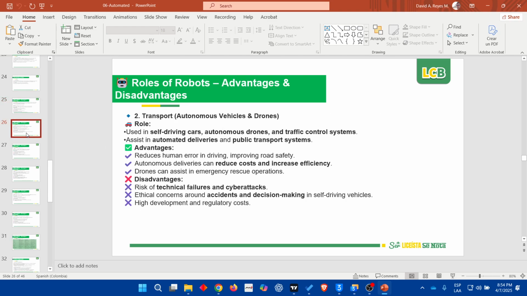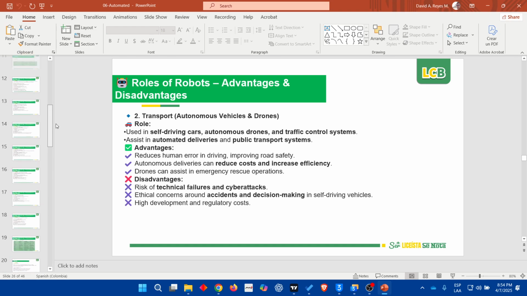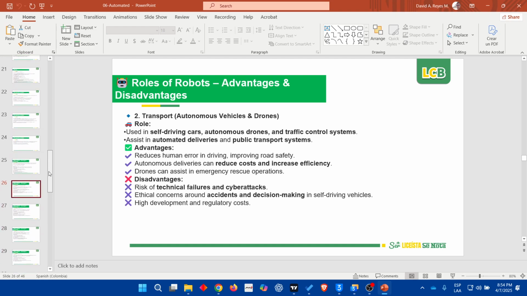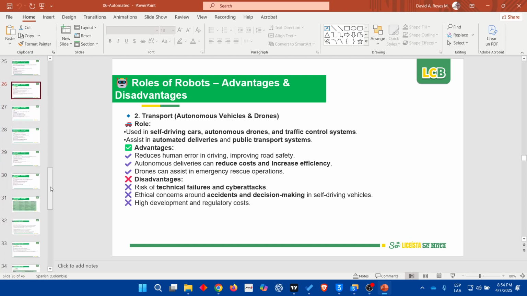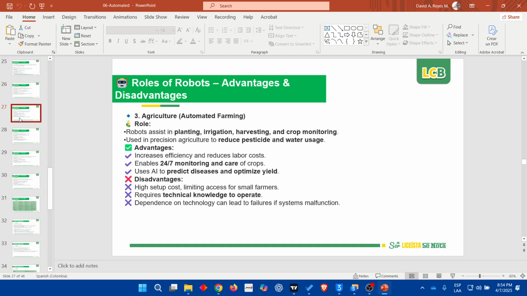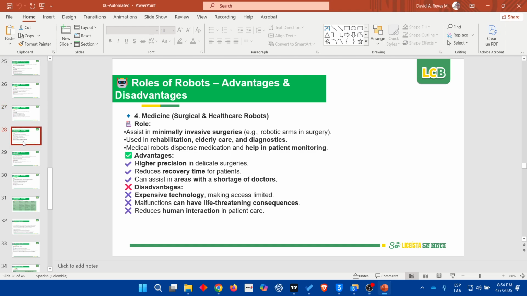Transport, okay? I think in previous slides, I wrote something pretty similar, okay? So, robots used in transport: autonomous vehicles and drones. Agriculture, I already explained that. For example, for farming or irrigation systems.